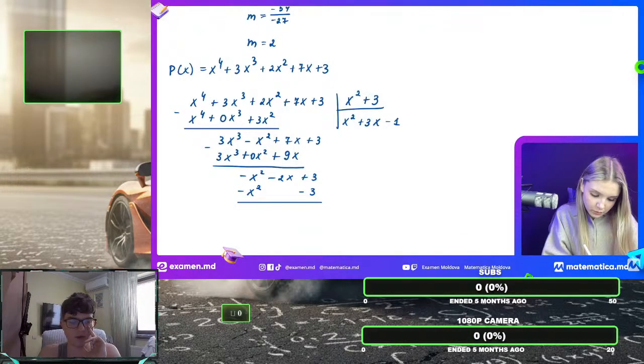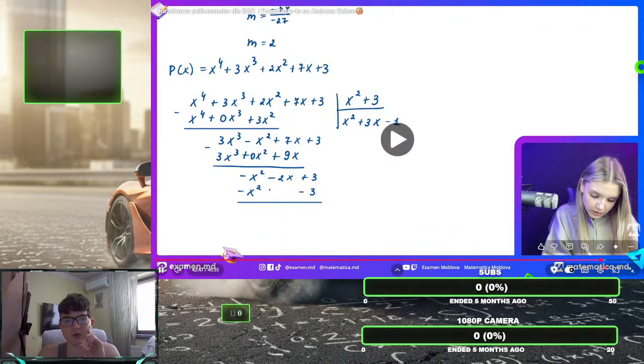It's going to be right there 3 minus minus 3, which is going to be 6, so it's going to be minus 2x plus 6, and we stop here because we cannot divide minus 2x by x to the second power.